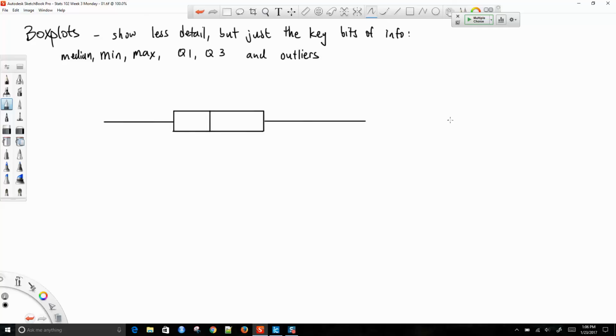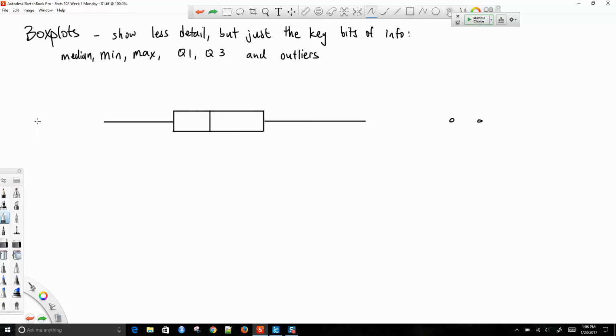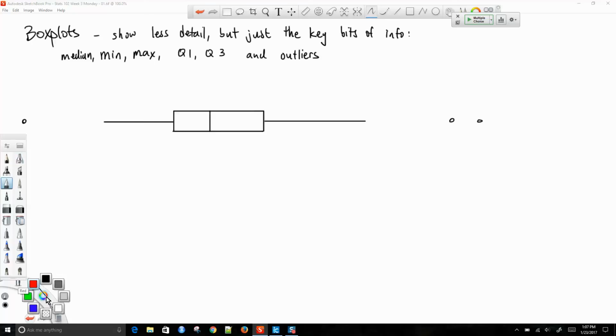And then you might have something like this, and perhaps as well down over here. Let me label these pieces. The box is defined by where Q1, the median, and Q3 are.